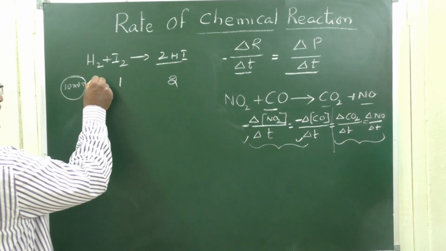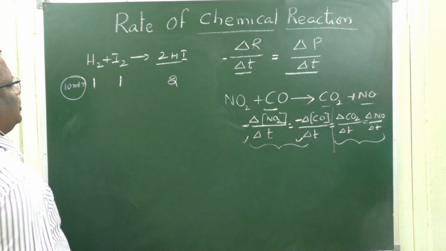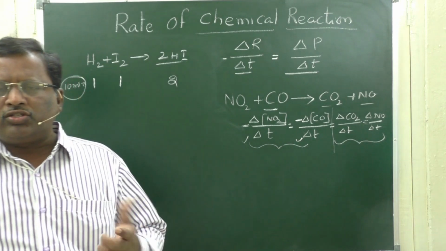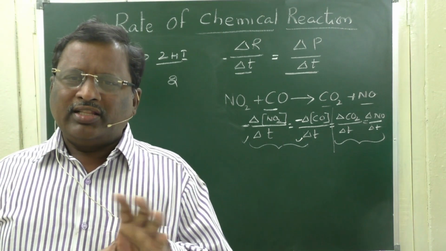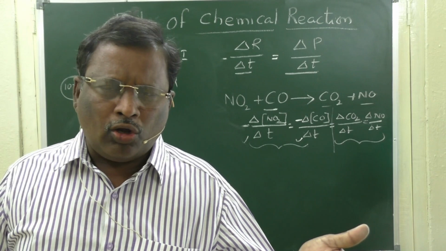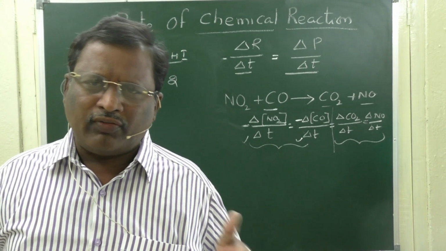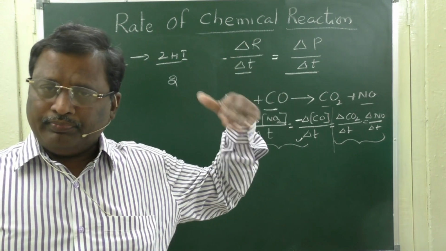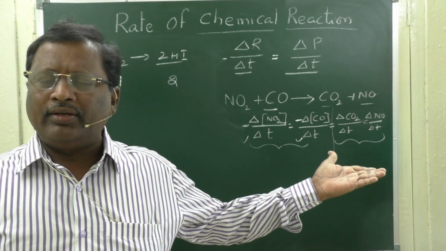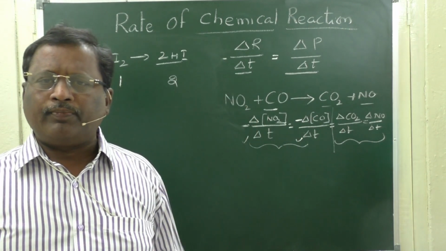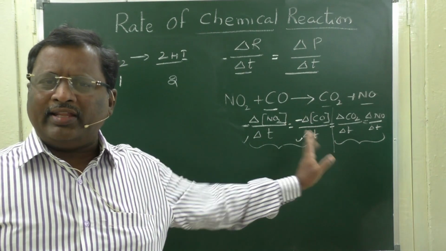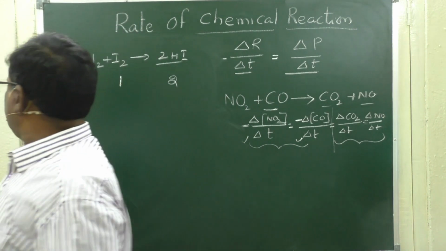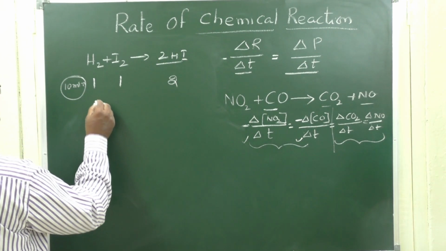The change in concentration of H2 is 1 mole, that is a decrease, because if 1 mole of H2 takes part in the reaction, the reactant concentration decreases by 1 mole. So the decrease in the concentration of H2 is 1 mole, the decrease in the concentration of I2 is 1 mole, but the amount of HI formed is 2 moles. Suppose, just like in the previous case, you write just the change, now what is delta R?